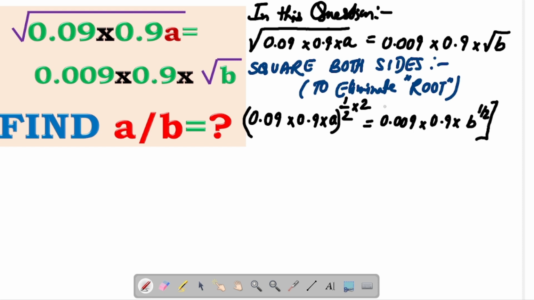So what are we left with? This 2 will be cancelled out, right?